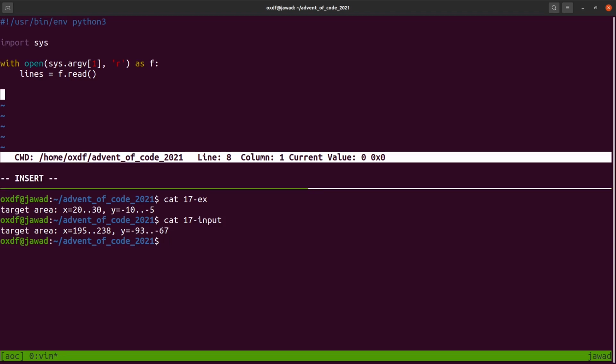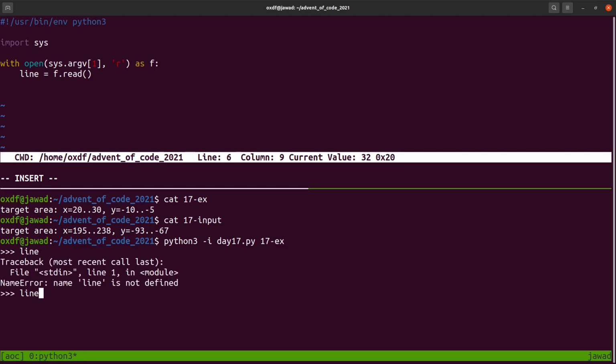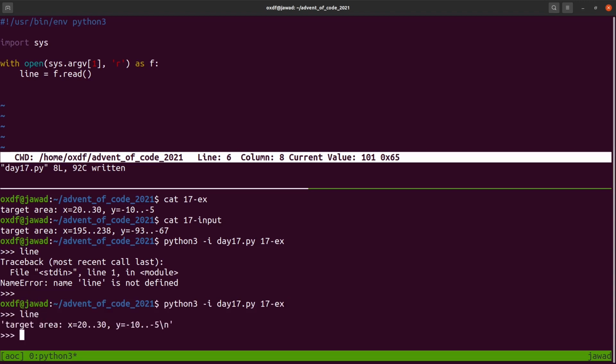It's not lines. Okay, python3 -i day17 example, and so now we have this line. I need to save, I guess. Now we have this line, perfect.